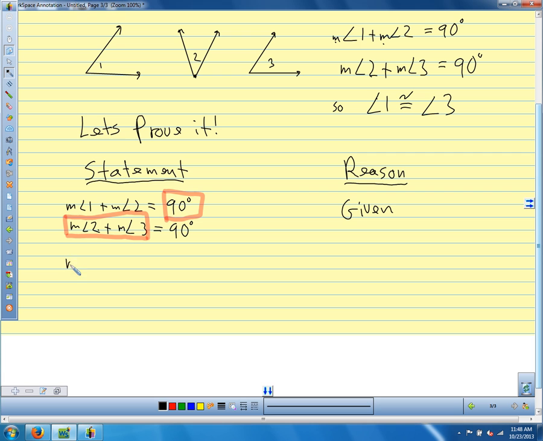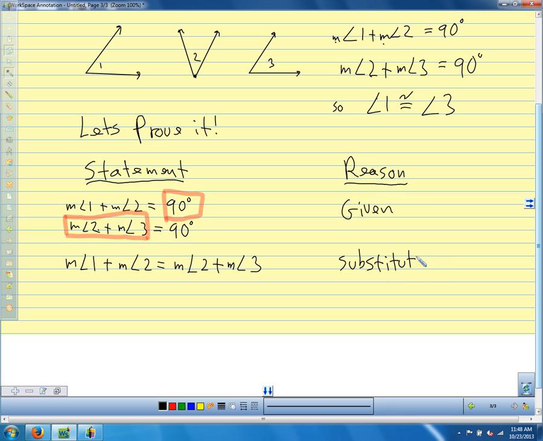So I'm going to say the measure of angle 1 plus the measure of angle 2 equals the measure of angle 2 plus the measure of angle 3, and I'm substituting this in here for 90 degrees. And now what can I do with that measure of angle 2 that's on both sides of the equation? This is adding on both sides of the equation, so I can subtract it.